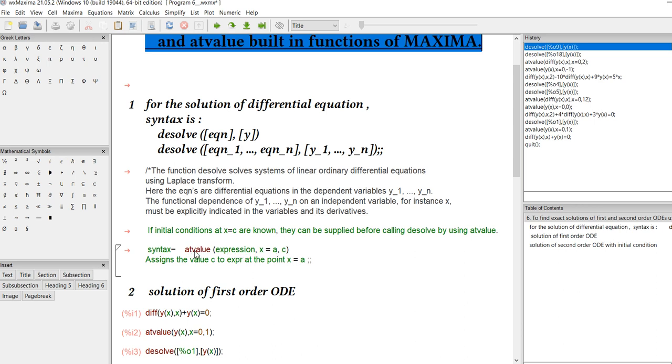So the syntax is atvalue, and here you will write your expression, that is your y, and x equal to a. This is the value of the independent variable, and the value of the dependent variable at this point is assigned here, c.